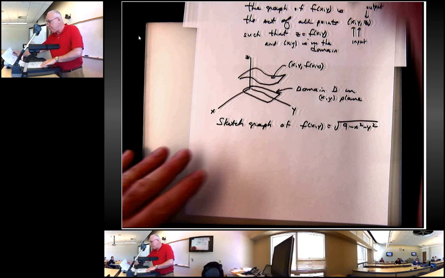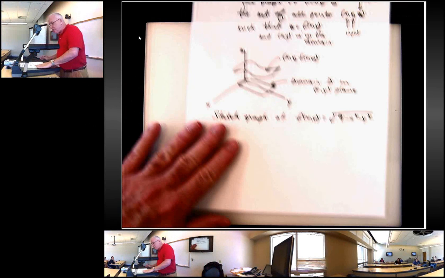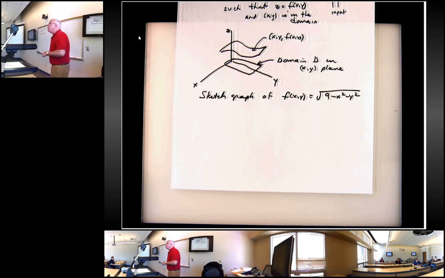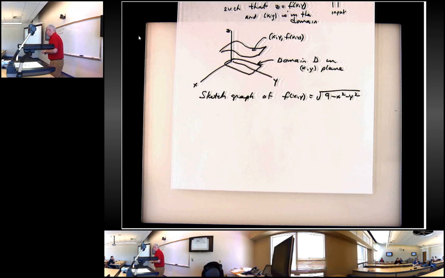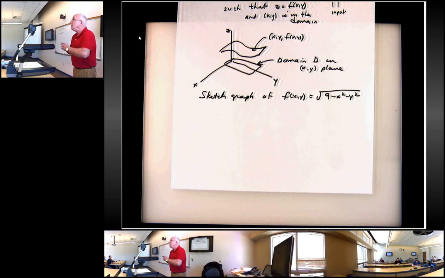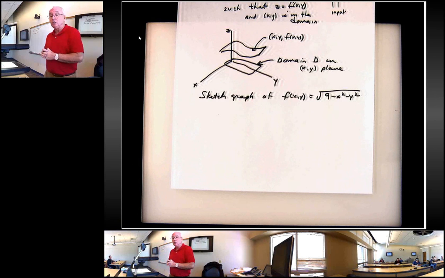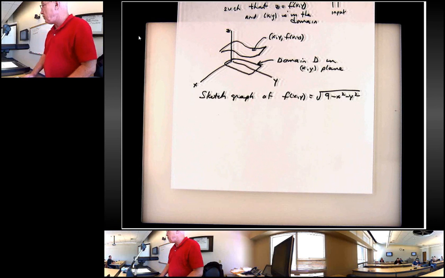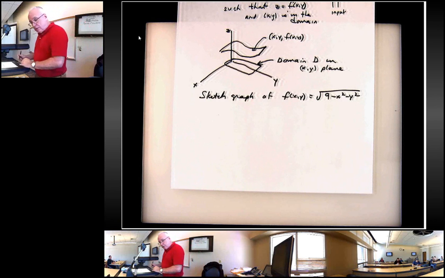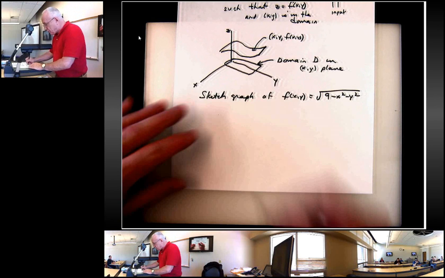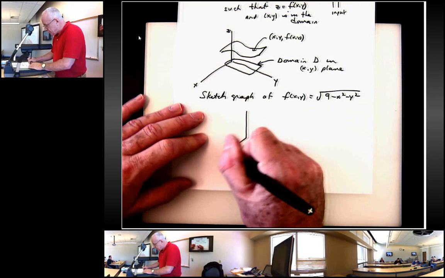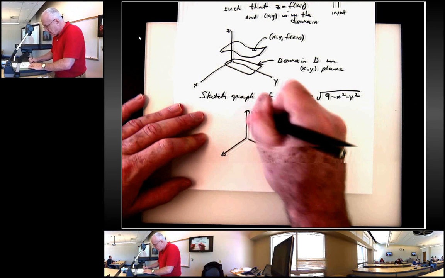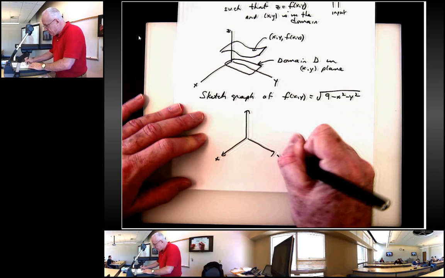Believe me, the best thing to use to sketch these graphs is a computer. That's ideally what you want to have, unless you're very, very good at drawing, which I'm not. But here I'm just going to do a very rough sketch. So we're talking about three dimensions here, x, y, and z.